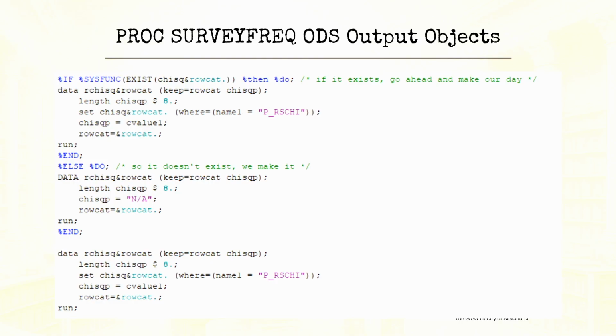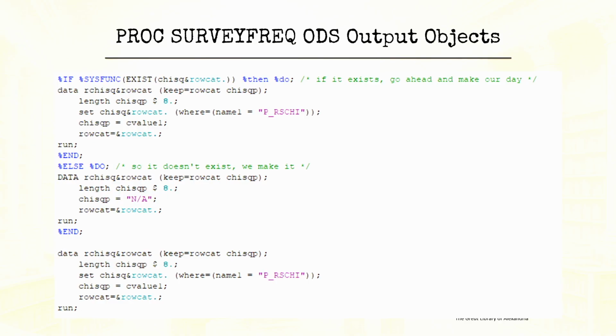Okay. So what happens when you request a chi-square in a frequency table crosstab, and you have a 0 cell? It doesn't create the chi-square. Well, it also doesn't create the chi-square ODS output object.